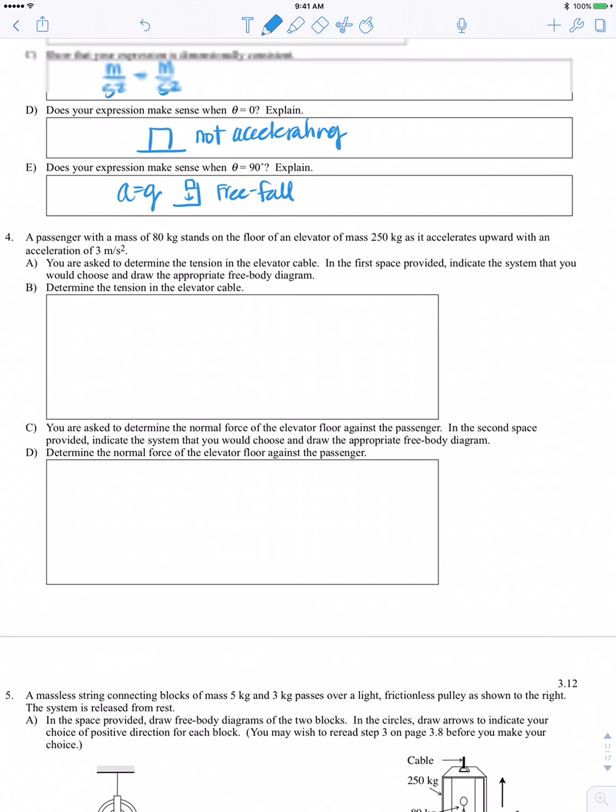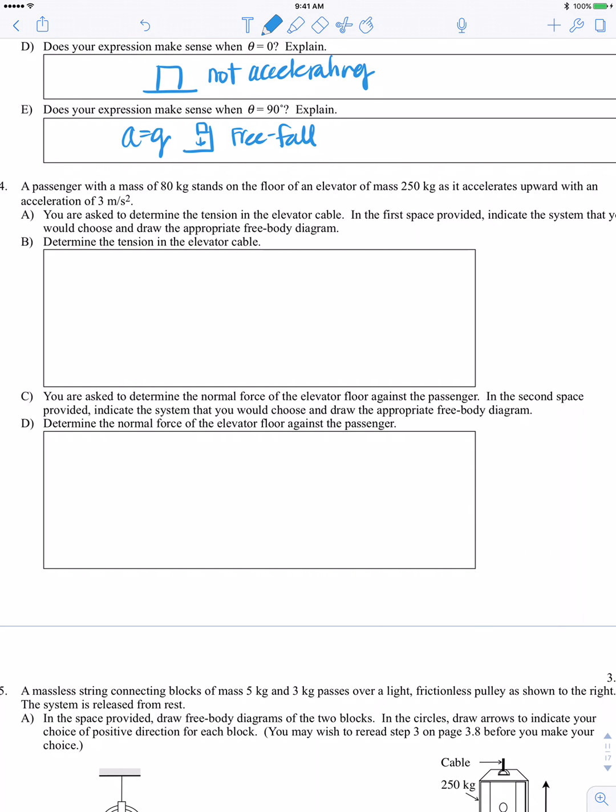Okay, so going back to answer the question, determine the tension in the elevator cable. So net force in the Y equals MAY. So tension is positive, so I'm going to say tension on the elevator by the cable minus the weight force is going to be equal to MAY.